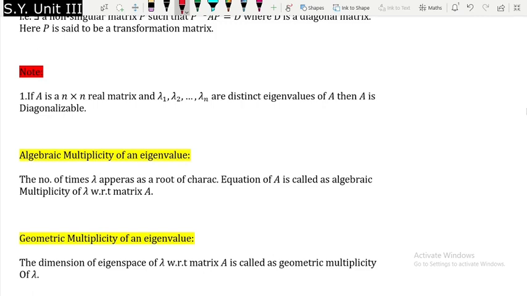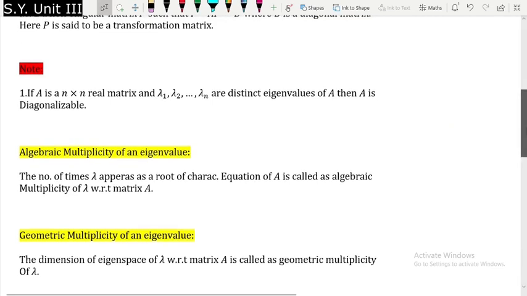The geometric multiplicity of the eigenvalue lambda is the dimension of the eigenspace of lambda. It means if the basis of the eigenspace of lambda contains 2 vectors, then the geometric multiplicity is going to be 2. And depending upon it there is one theorem.